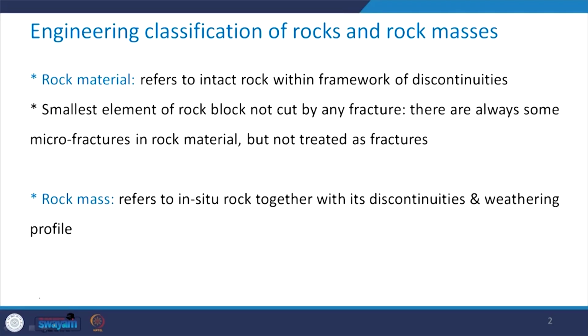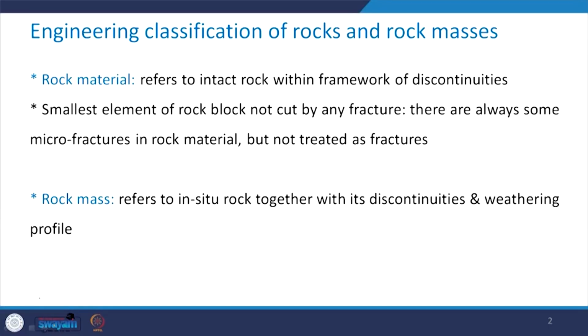When I say rock material, it refers to the intact rock. So whenever I say rock, rock material, or intact rock, it is one and the same thing. The smallest element of rock block which is not cut by any kind of fracture, that we call the intact rock.